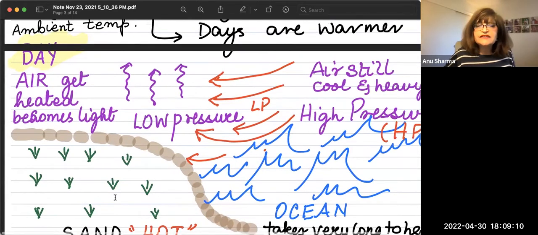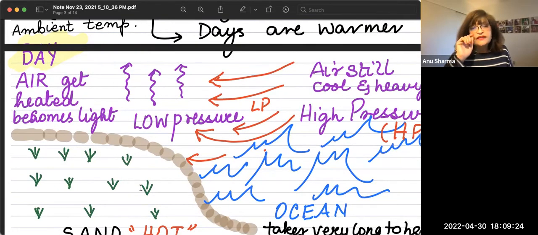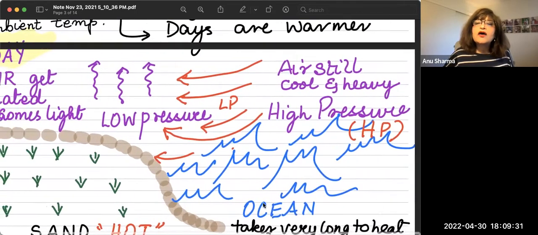Now the land, when it gets heated up, heats the air, and the air that's heated up becomes light and rises up. When the light air rises up, a region of low pressure is created. Now, it is a law of nature that things flow from high pressure to low pressure. So let's look at what's happening on the ocean. On the ocean, the air is still cool.